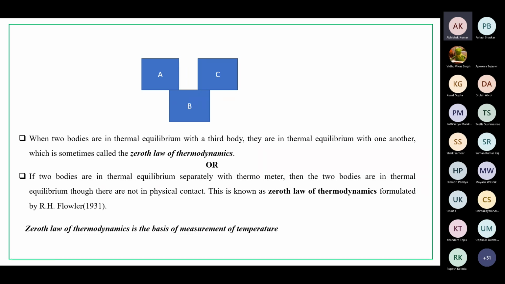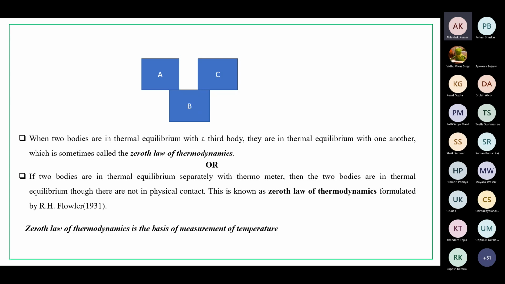Based upon the zeroth law of thermodynamics only, we are able to measure the temperature of any substance. Suppose a certain fluid is there, or a bucket of water, and you want to measure the temperature of the hot water. What will you be doing? You will be bringing a thermocouple and keeping it.